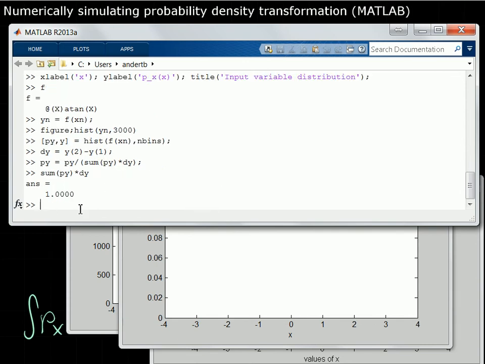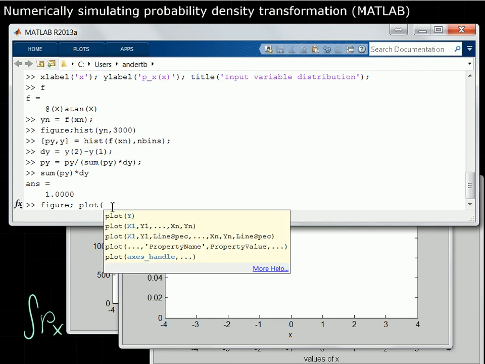So we can take that and plot it. Plot y against p of y.